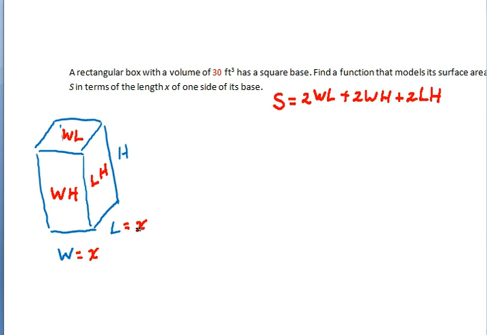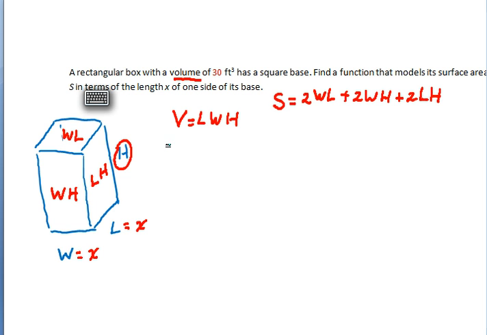And that only leaves the h as not being written in terms of x at this point. However, we were given the volume, which is length times width times height, is equal to 30.